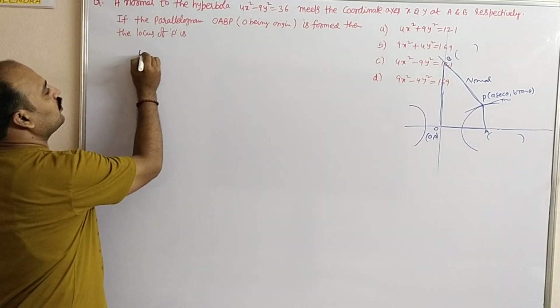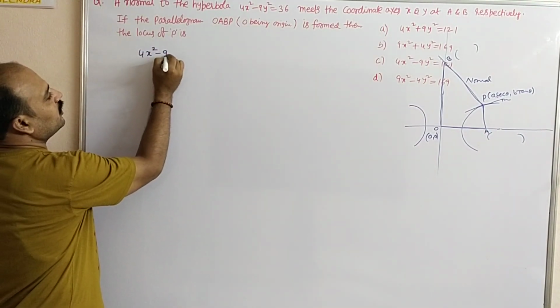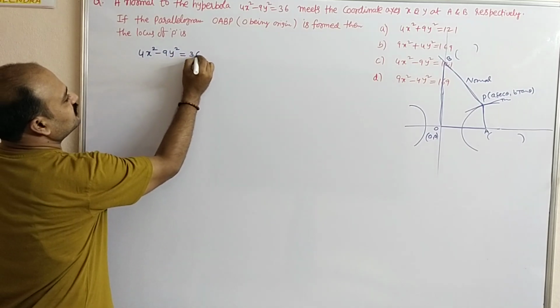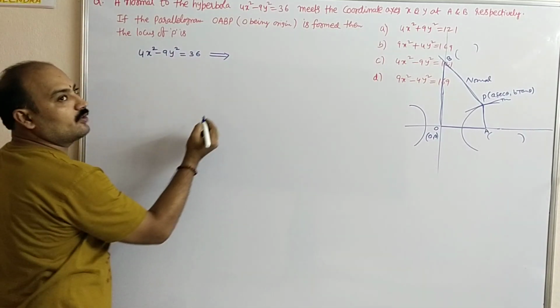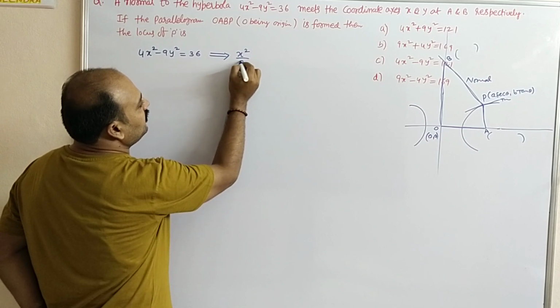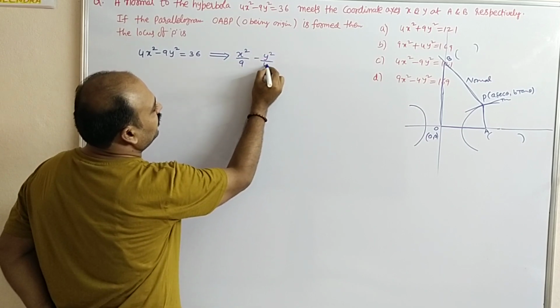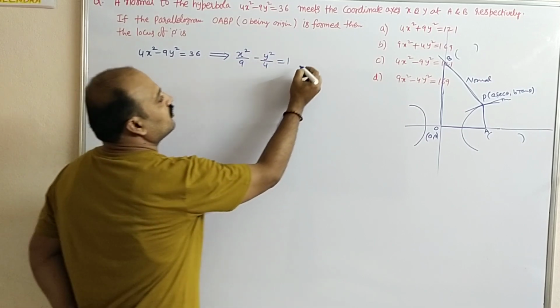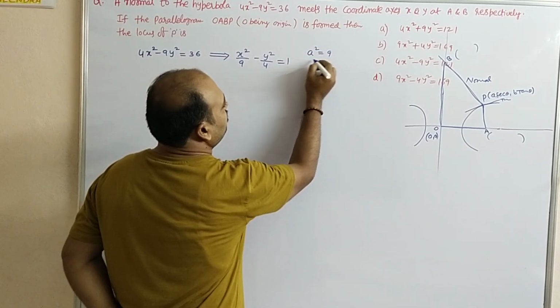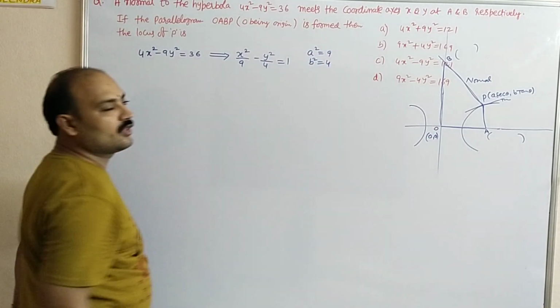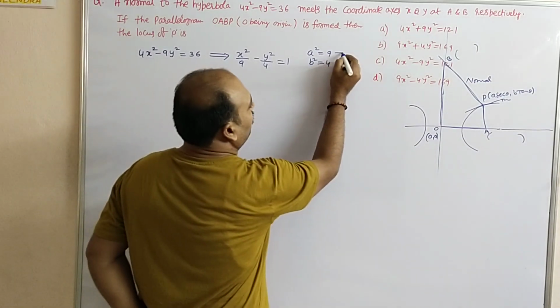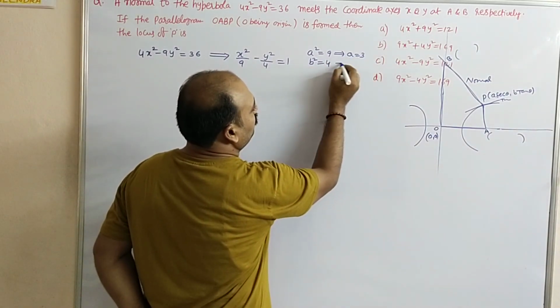First of all, the given equation of hyperbola 4x² − 9y² = 36. Converting into the standard form, x²/9 − y²/4 = 1. a² equal to 9 and b² equal to 4. a equal to 3 and b equal to 2.